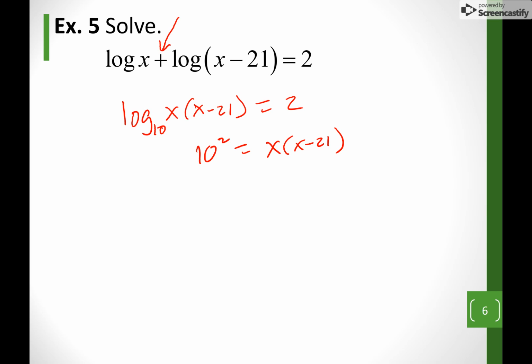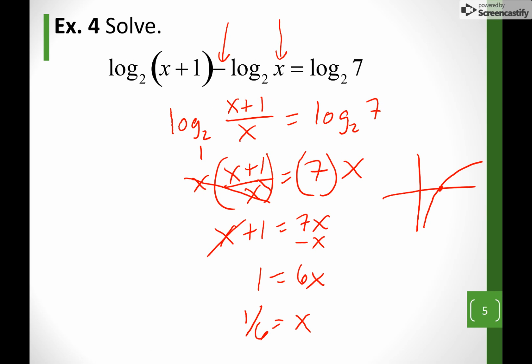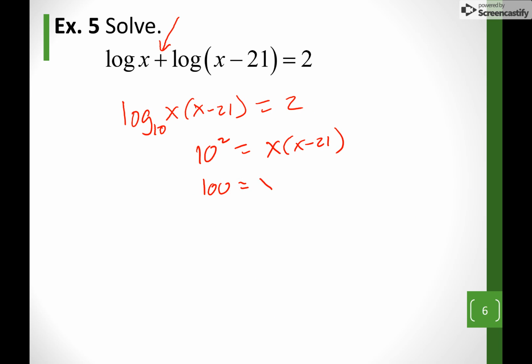I know 10 squared is 100. To get rid of parentheses, distribute the x. So I get x squared minus 21x. I'm just going to move the 100 to the right because I want to factor this. I have x squared minus 21x minus 100.